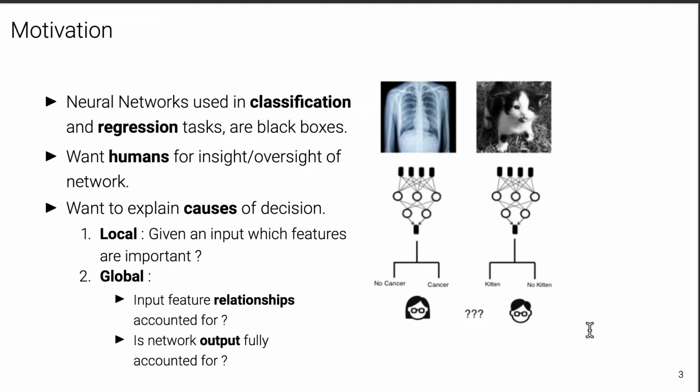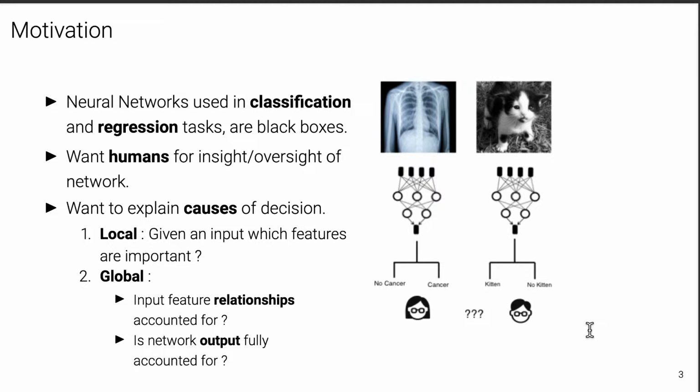So for example, we want to be able to ask questions which are both of a global nature and a local nature. When we ask questions of a local nature, we ask, given an input, which are the features that are important for this particular input. For questions of a global nature, sometimes we're not sure that we are capturing all the relationships in our networks.